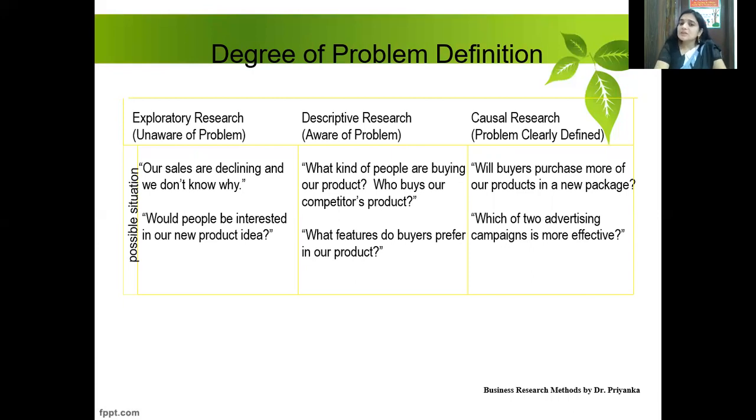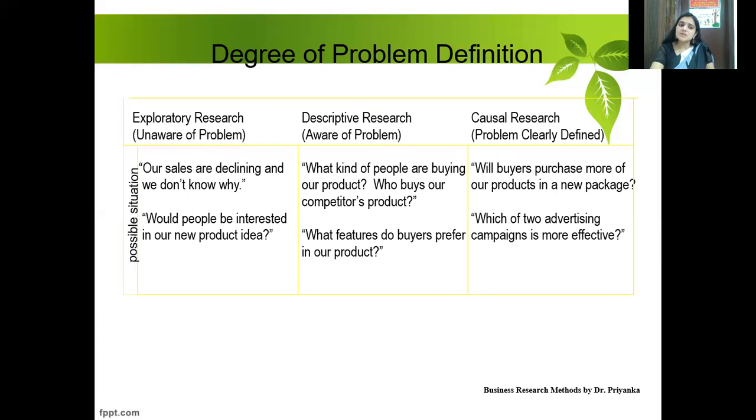In that case, you can go for causal research. Will buyers purchase more of our products in a new package or not? This will tell you whether you should go with new packaging or not. You might just reduce the price, or you might introduce a new package. That depends on the results of causal research.